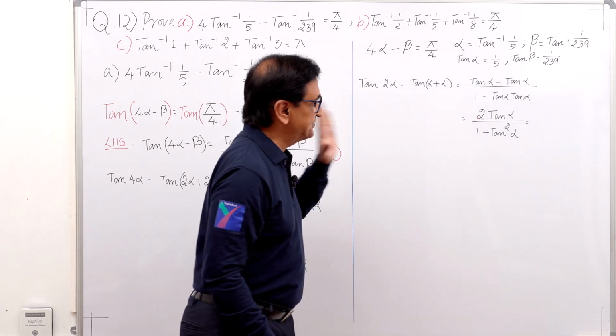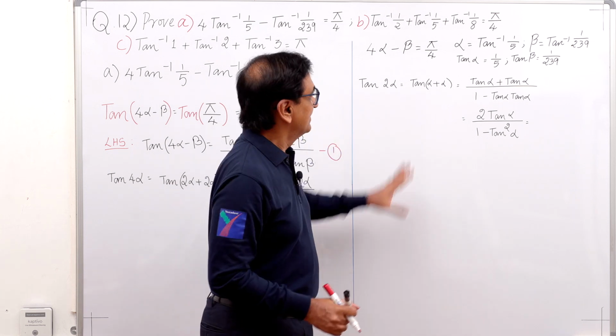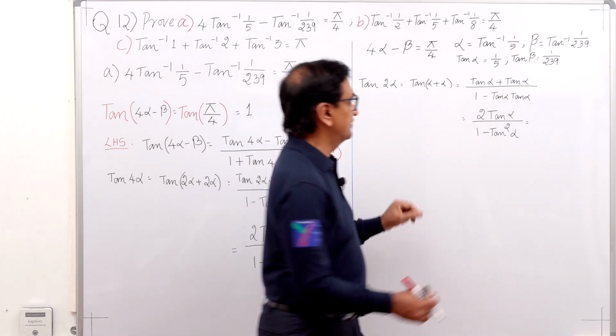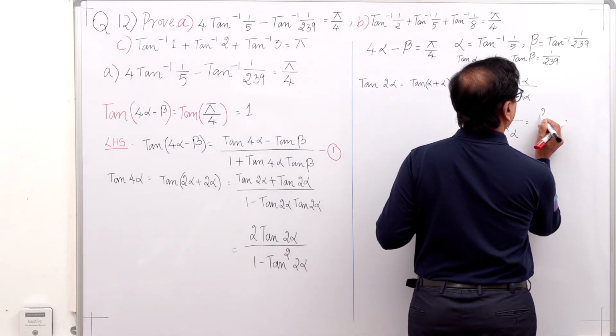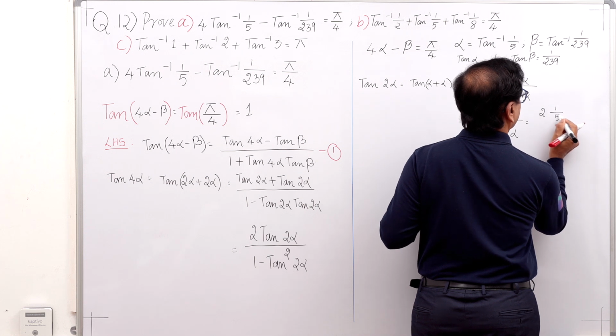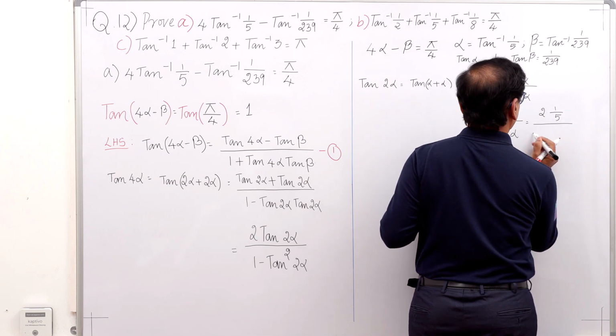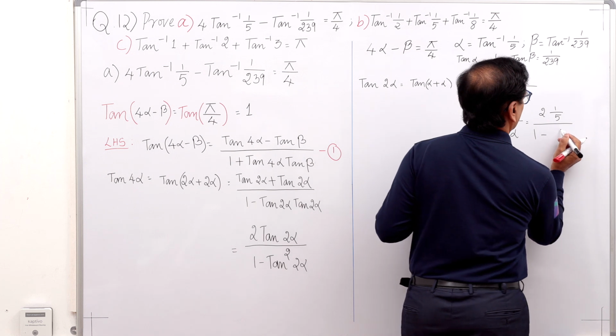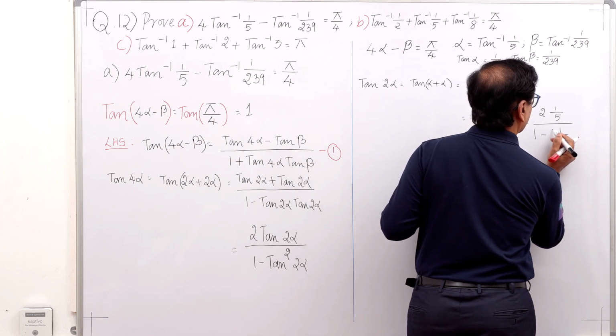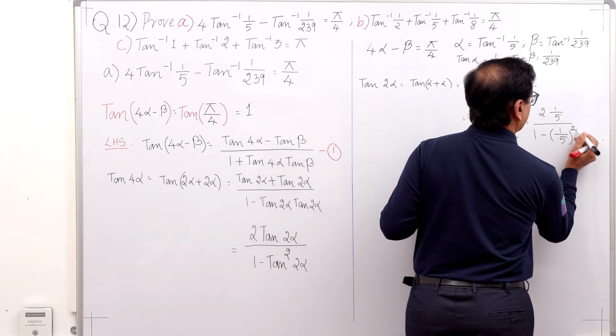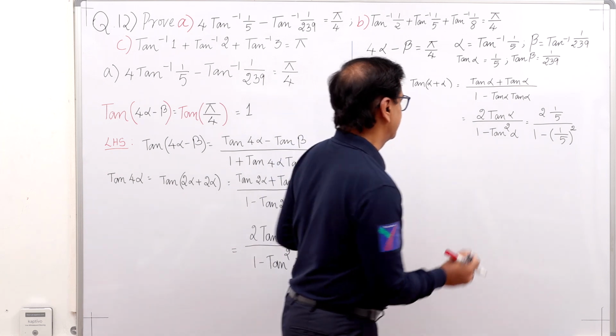Okay, now let us substitute the tan alpha value here. Tan alpha is 1 over 5, right? So 2 multiplied by 1 over 5 divided by 1 minus 1 over 5 whole square.